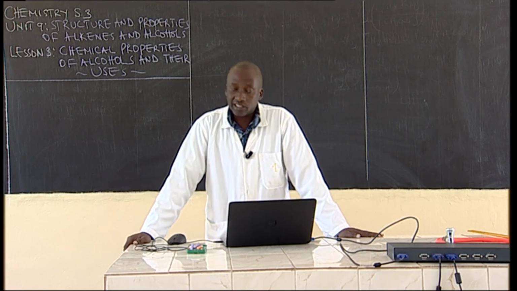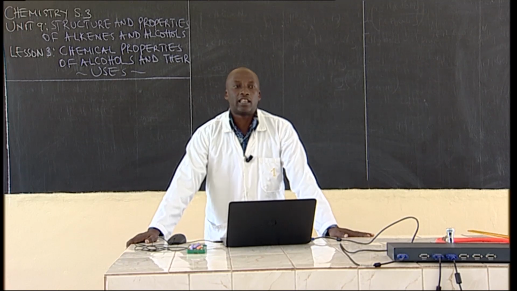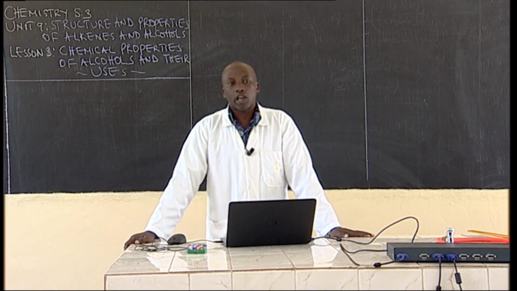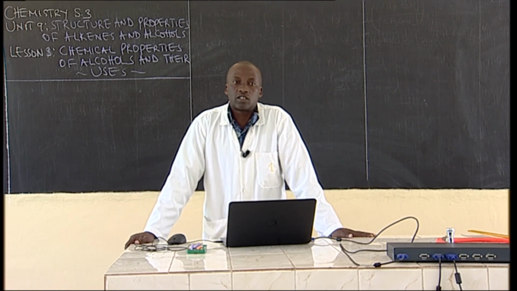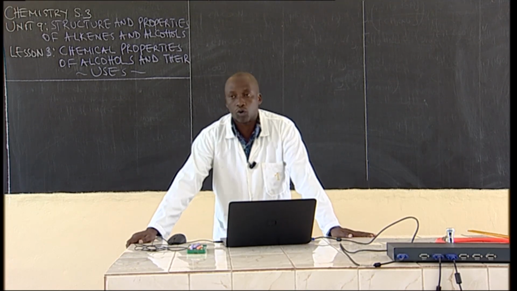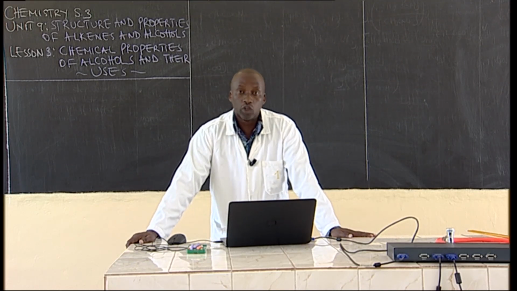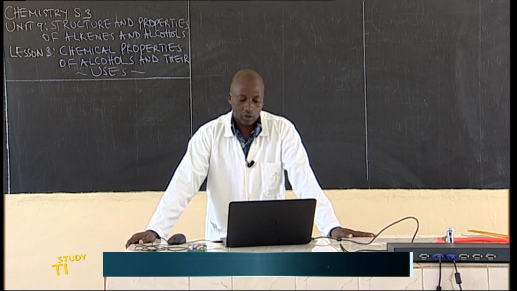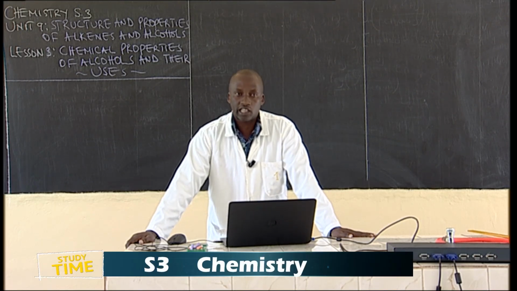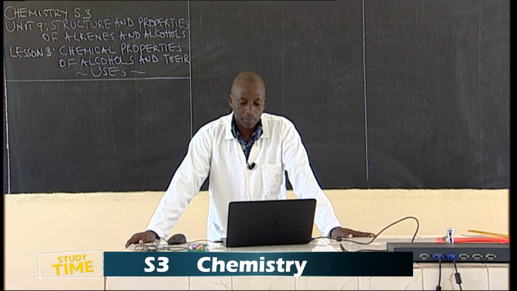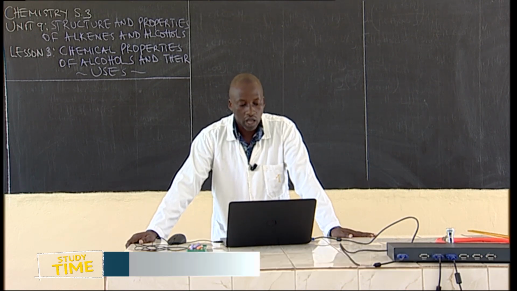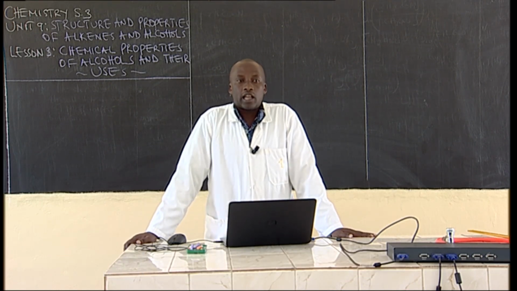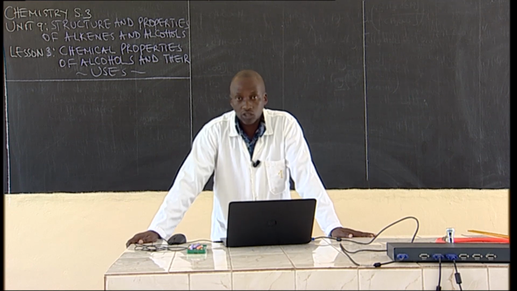Remember, we are still dealing with unit number 9, which is the structure and properties of alkenes and alcohols. So that is the unit we are still on, and we are still proceeding. I just want to welcome you to get ready, and we proceed with our lesson.